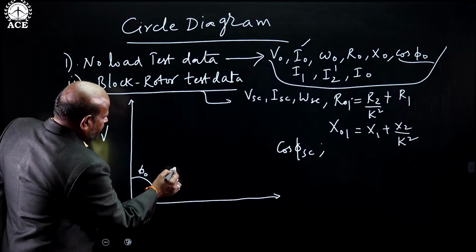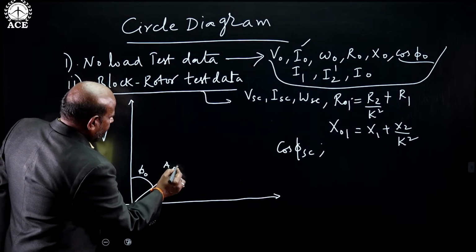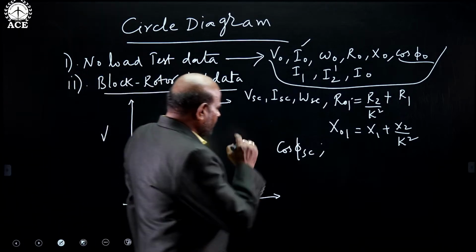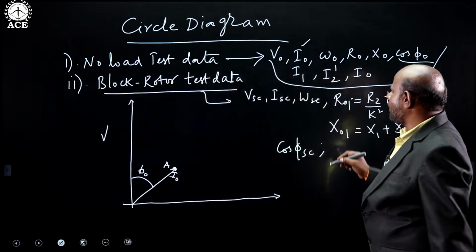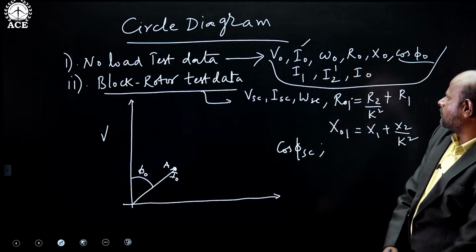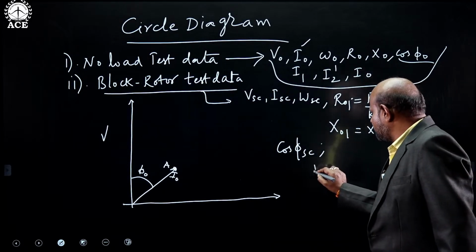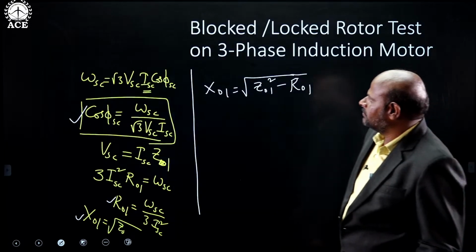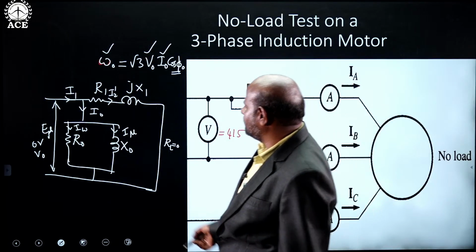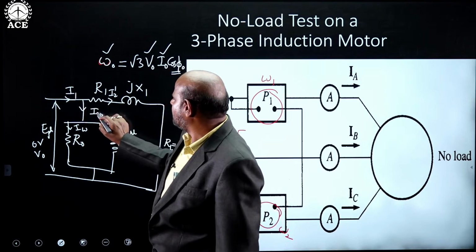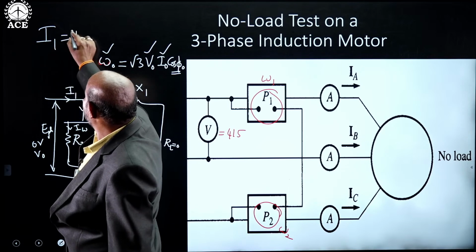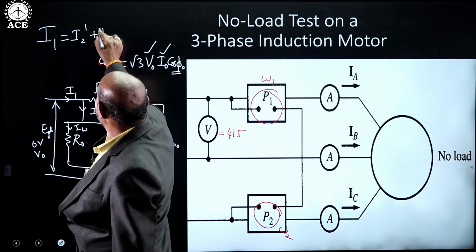Let us assume this point is A. Then find out I1. I1 is nothing but, see the equivalent circuit, I0 plus I2 dash. So I1 is nothing but I2 dash plus I0.